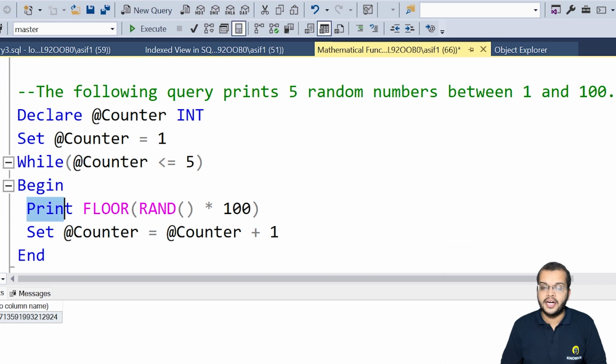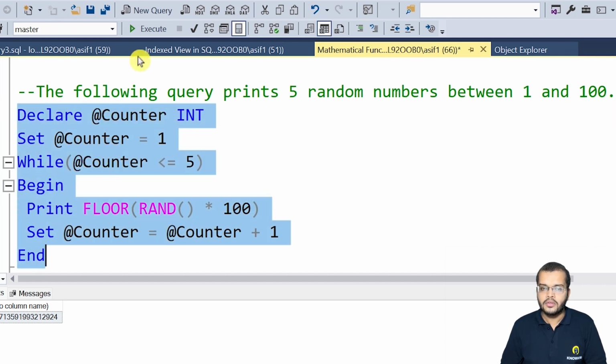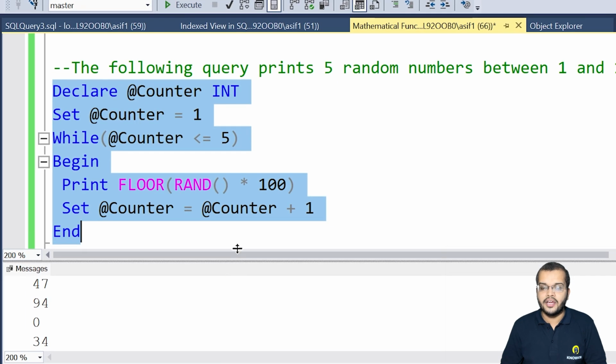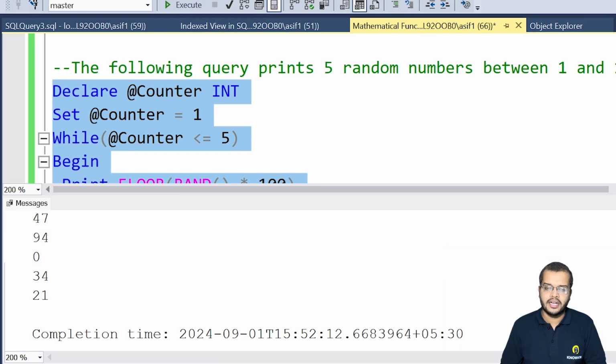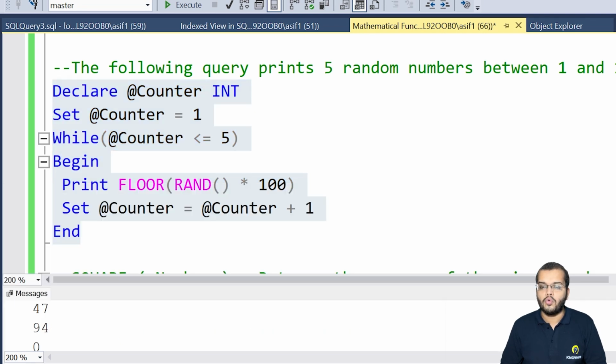Then I'm printing the floor, and I'm choosing the random mathematical function into 100. Then I'm setting this variable to variable plus 1. As I have begun the statement, I have to end it. If I execute it, all right, I'm getting 5 random numbers. We can see 47, 94, 0, 34, 21. Some random 5 numbers between 1 and 100.